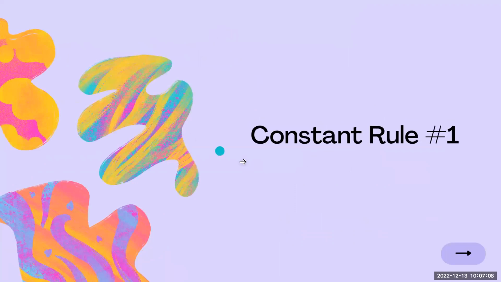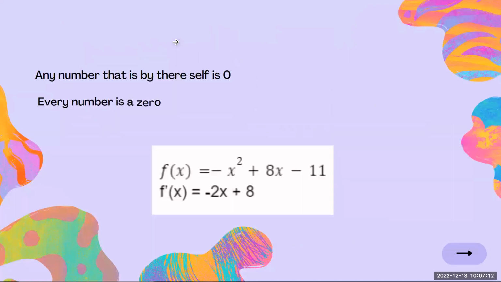Constant rule number 1. Next slide, please. Constant rule number 1 means that any number that's by itself is 0. So in this equation, f of x equals negative x squared plus 8x minus 11. What you would do is take the derivative of negative x to the second power plus 8x minus 11.